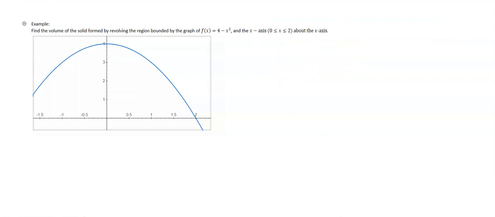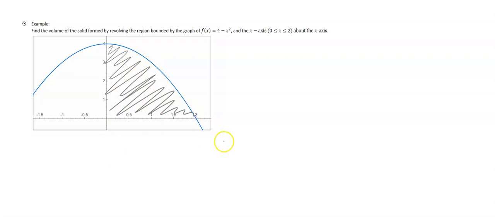Okay, when we look at this one, it says we're revolving the region bounded by the graph of f of x equals 4 minus x squared and the x-axis from 0 to 2, about the x-axis. So we're looking at this region here, and we're going from 0 to 2, and we are revolving it around that horizontal axis of revolution. So we are still in the x version of this integral.